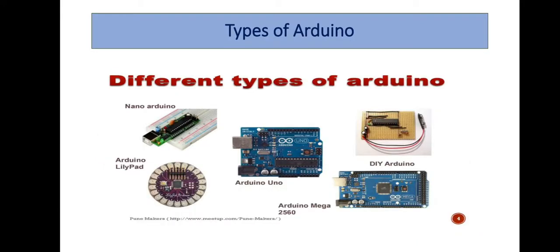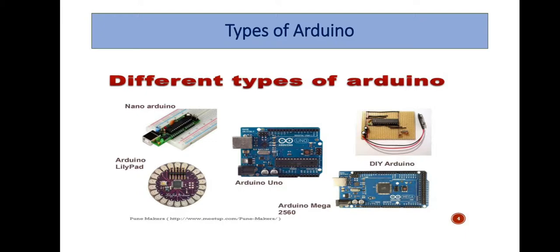So there are different types of Arduino available in the market. The very basic is the Arduino UNO. Arduino Nano is available. LilyPad is there. Arduino Mega is there. So it all depends upon your requirement, for what application you are going to use. If you want more components, you need more input output pins, then you can go for Mega.